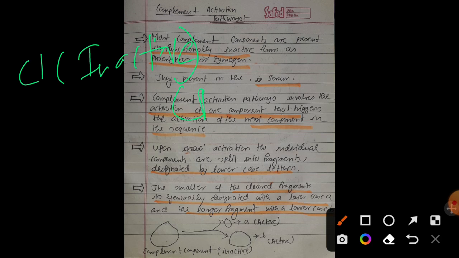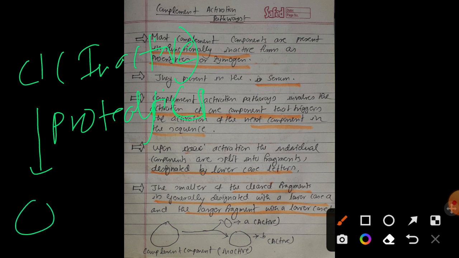When some proteolytic enzyme activates them by cleaving them, they are divided into two fragments. One is the large fragment, that is this one, and another one is the small fragment. I am just taking C1 as an example.